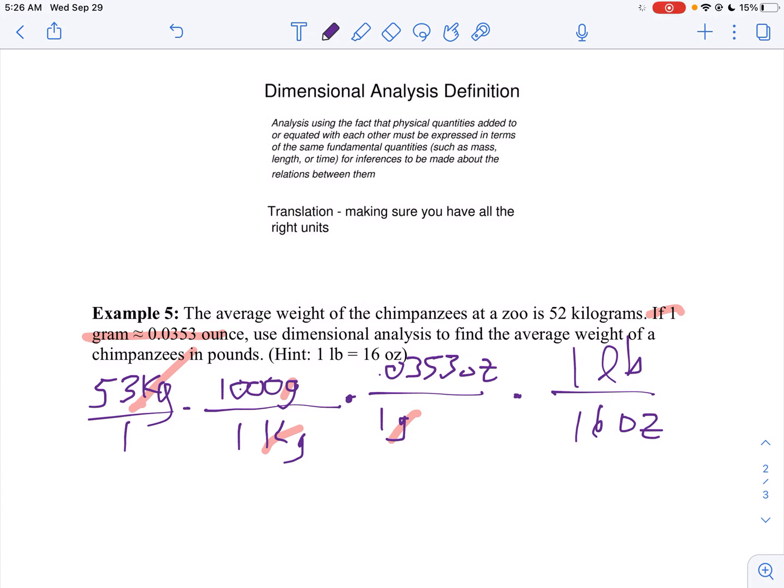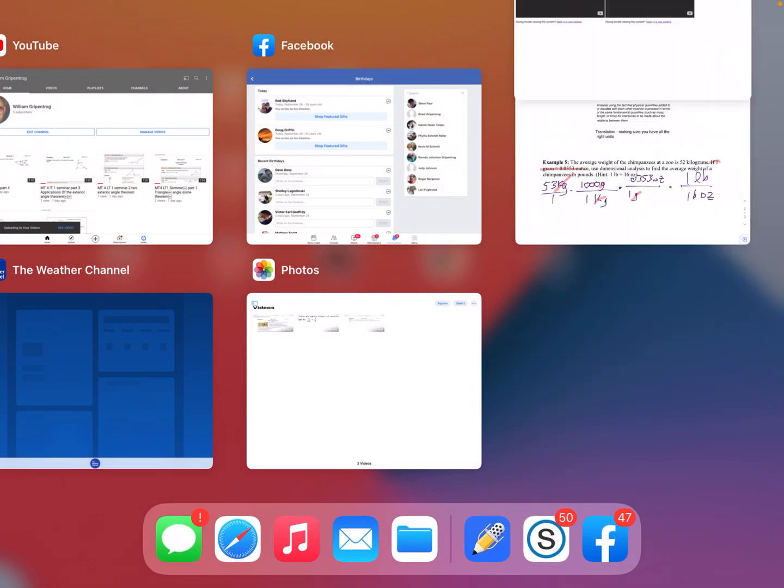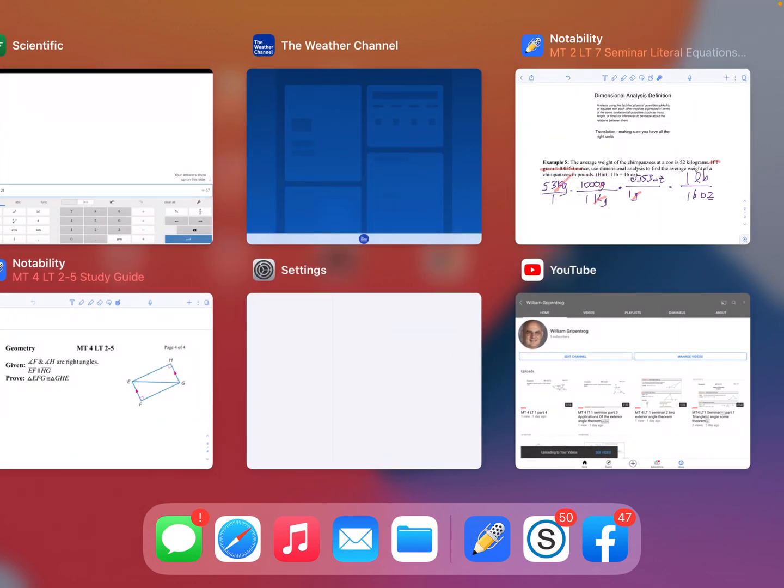And then what we're going to do is what it says. We're going to take 53 times 1,000 times 0.0353, and I'll divide by 16 because 16 is in my denominator. So at this point, we're going to use our calculator. Let me see here. Sorry, I got too much stuff open here. Here we go.